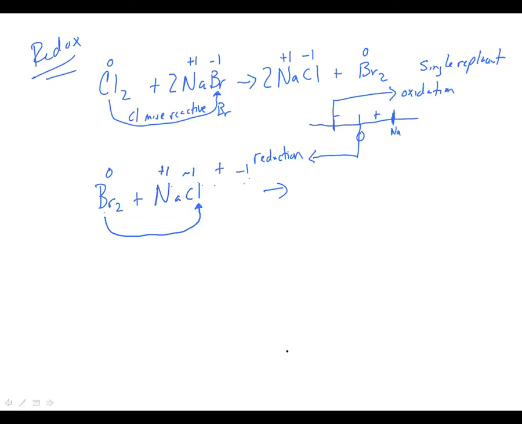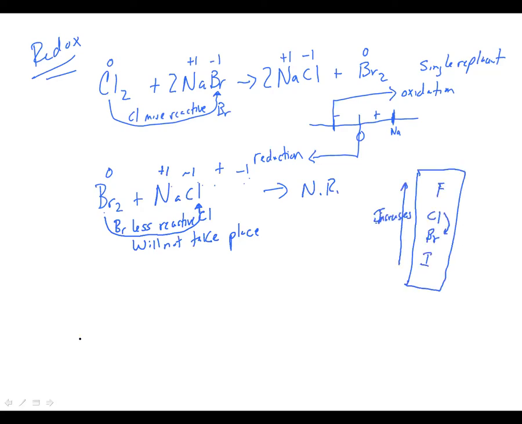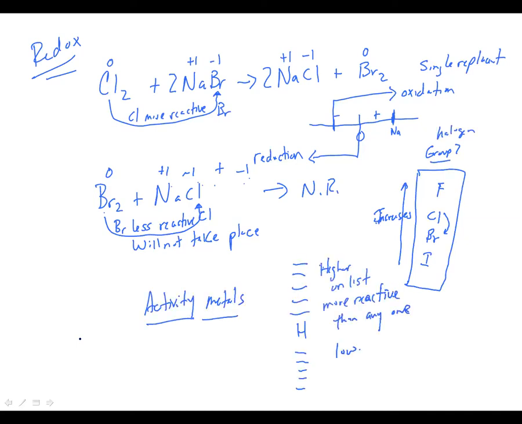We will get no reaction in this case, and that's because bromine is less reactive than chlorine, so it will not replace it. So if you know chlorine, especially when you're doing halogens, we have fluorine, we have chlorine, and so on. Again, higher in the list will replace anybody lower in the list. Anybody lower in the list will not replace anybody higher in the list.